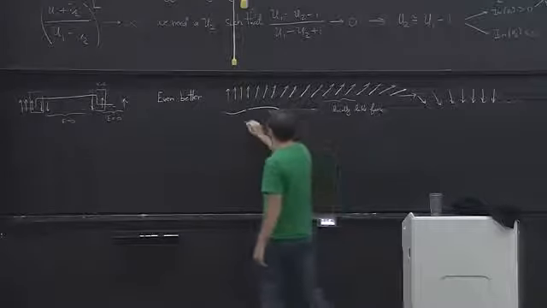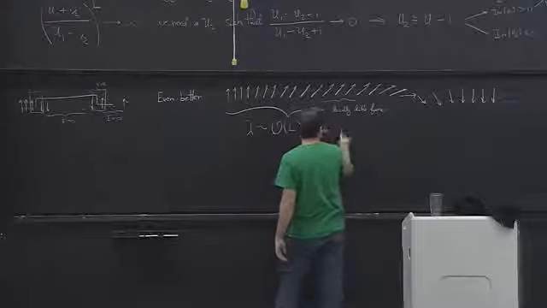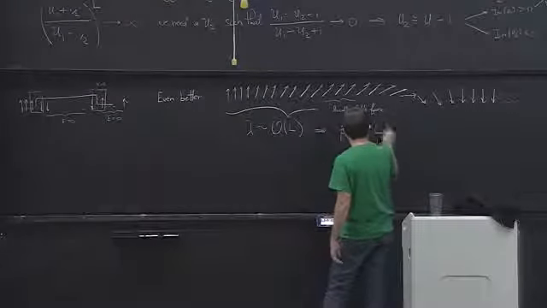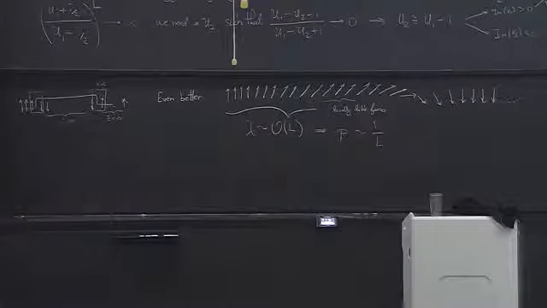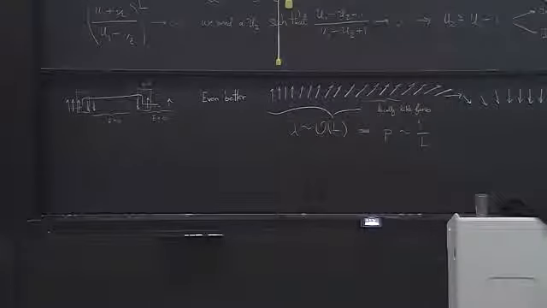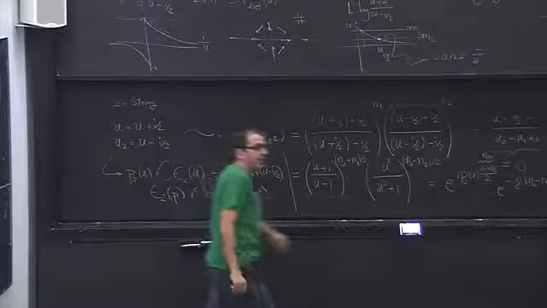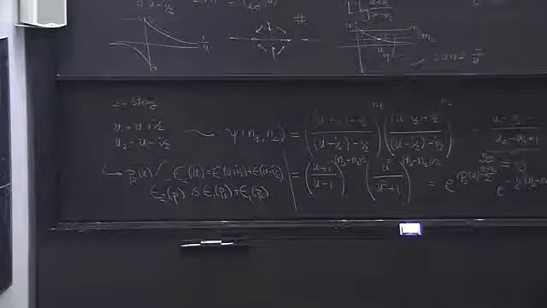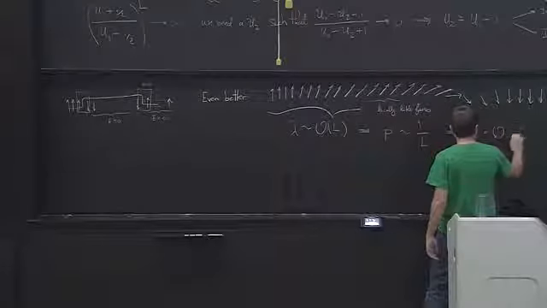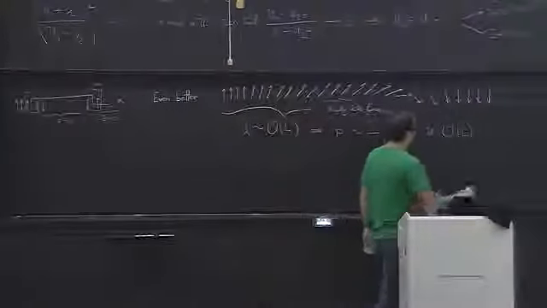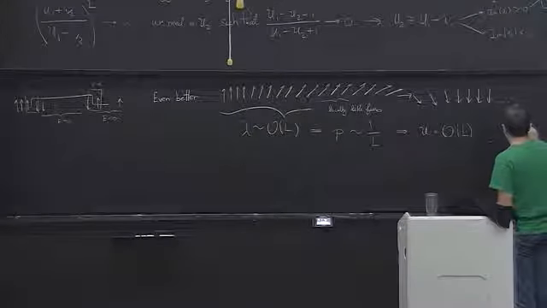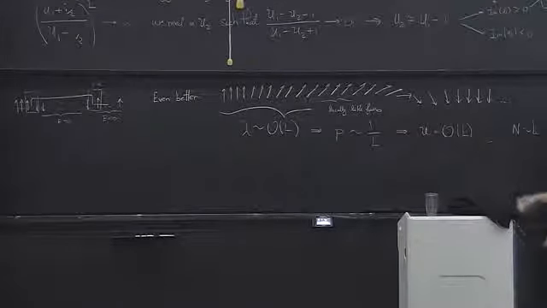A wavelength of order L implies that we want momentum of order 1 over L, very small momentum. Momentum of order 1 over L means that u needs to be of order L. So this is equivalent to saying that u is of order L. Let's say the number of excitations is also of order L, so we put many, many excitations.